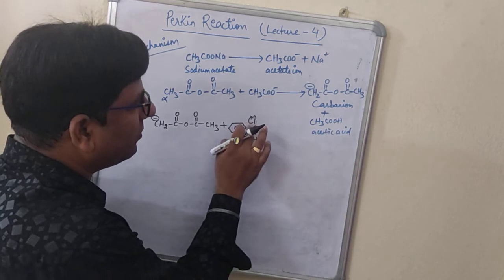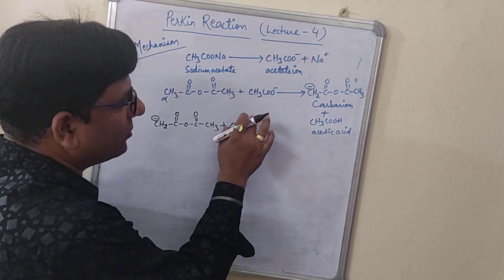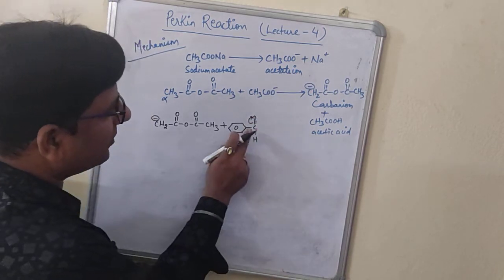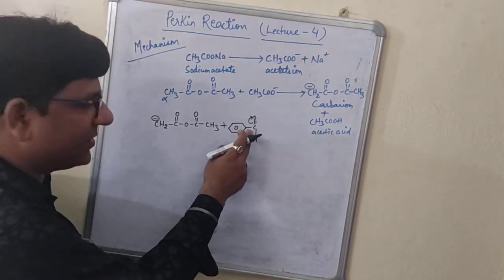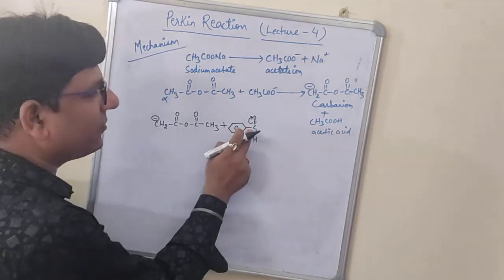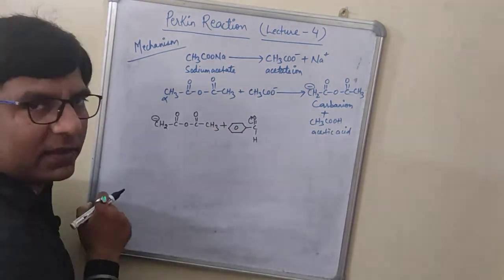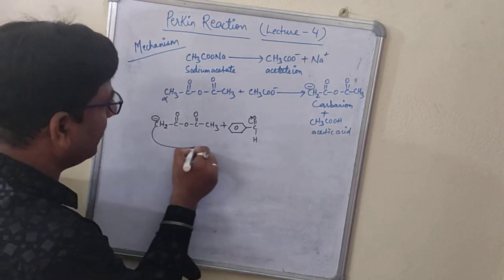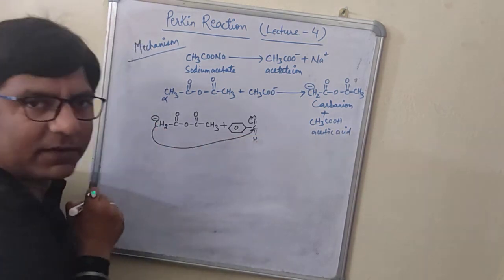You are breaking one bond, so the two electrons are given to this oxygen. By doing this, the oxygen acquires a partial negative charge and the carbon acquires a partial positive charge. Now we have created the electrophilic site on this carbon, so the nucleophile will easily attack this carbon atom.